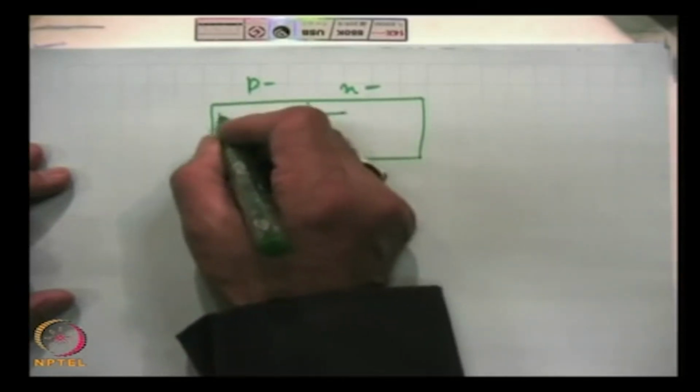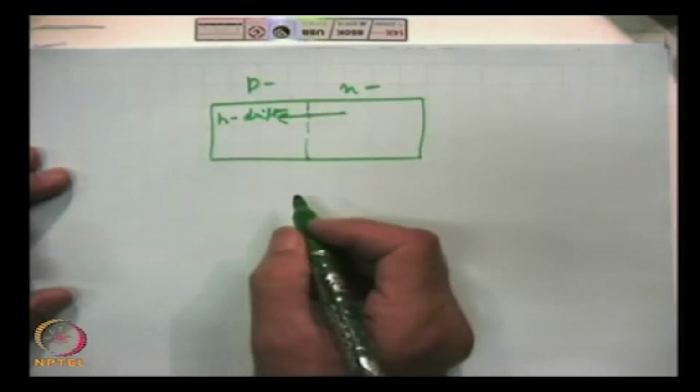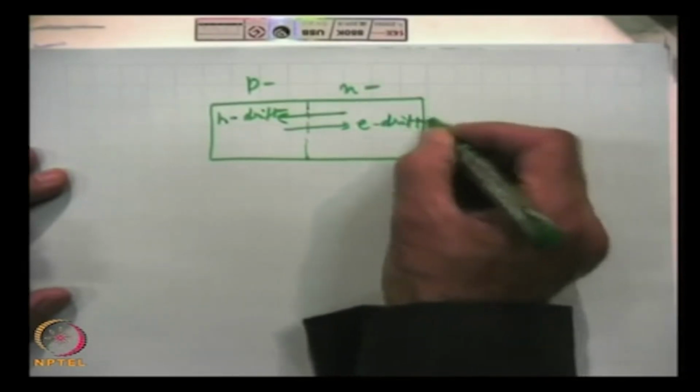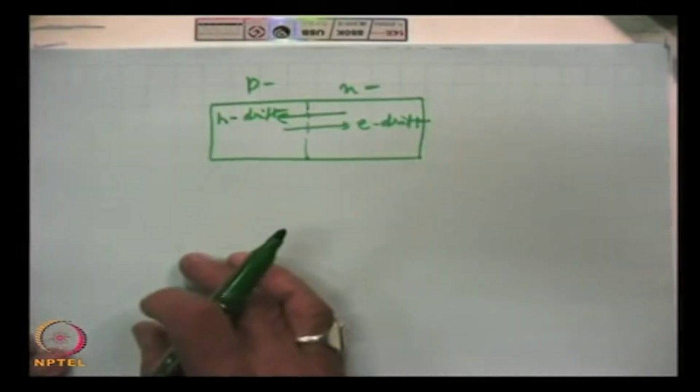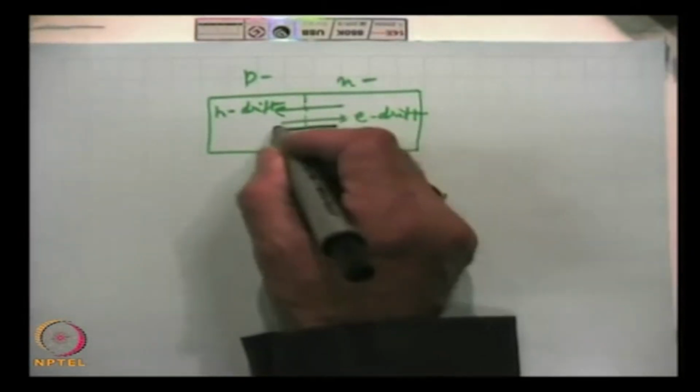This is hole drift current and electron drift. So, there is a drift current in the direction of drifting holes.